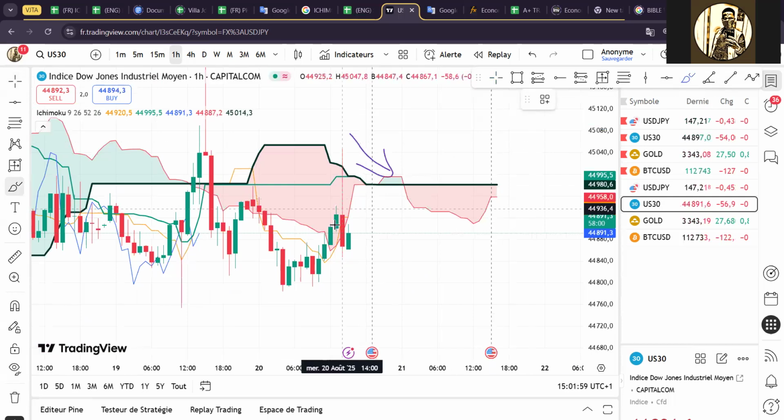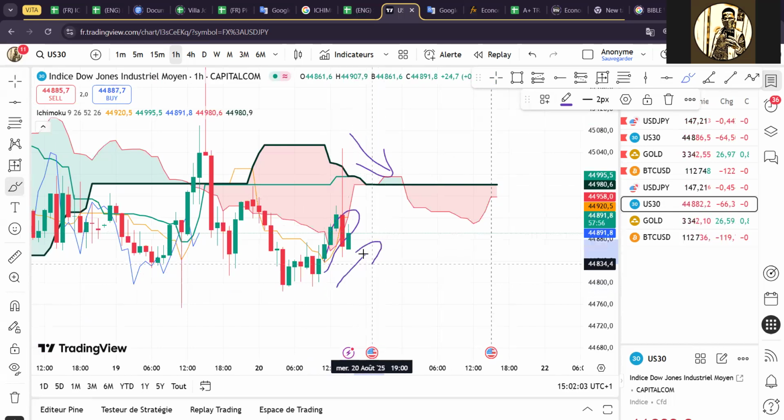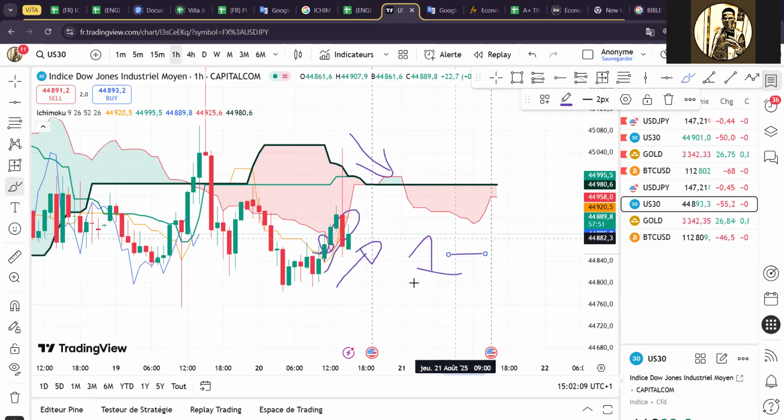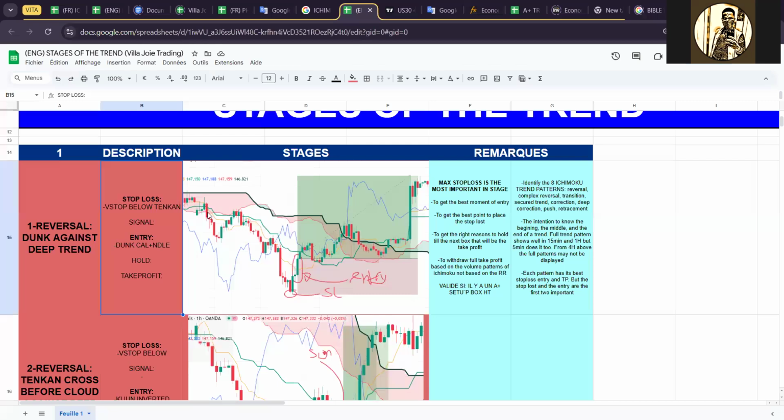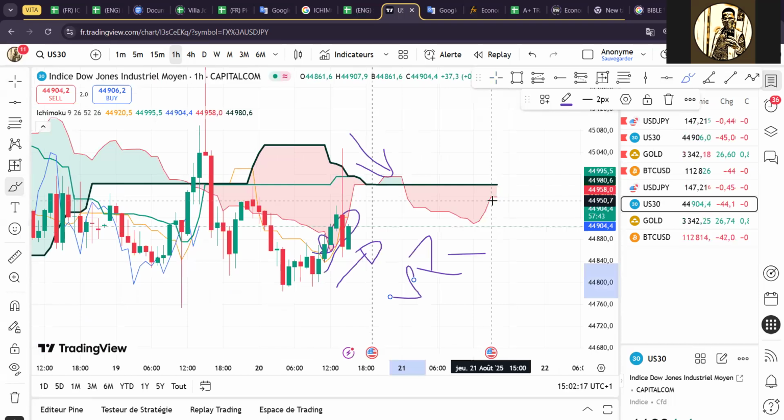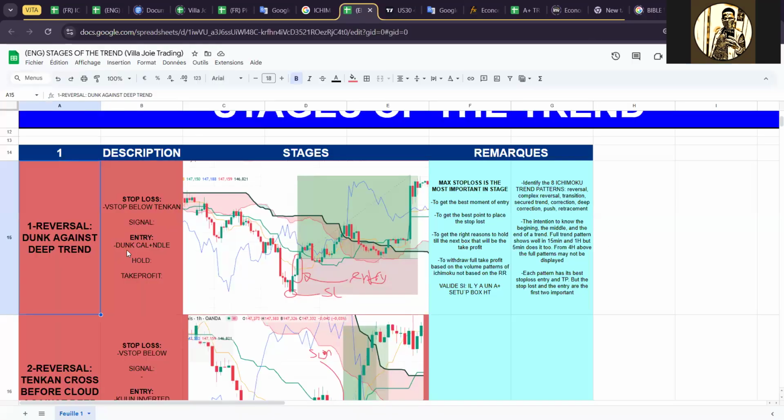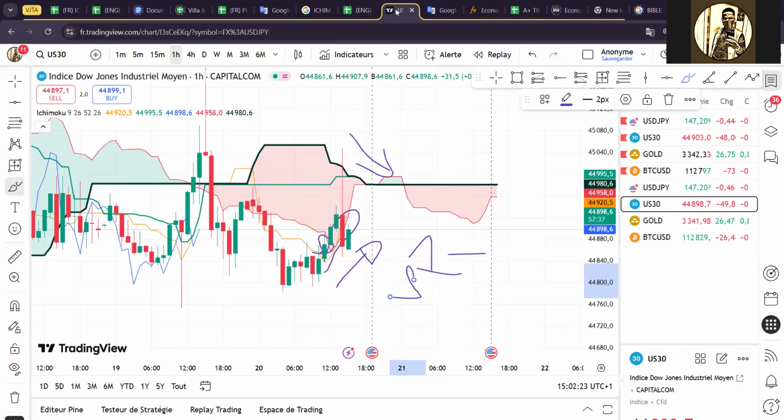All right. Tenkan is bending to the upside, right? So it is a reversal. The phase is phase one. The stage, it is stage one, right? It's a reversal to the upside. It's a reversal dunk against the deep trend, for the moment.